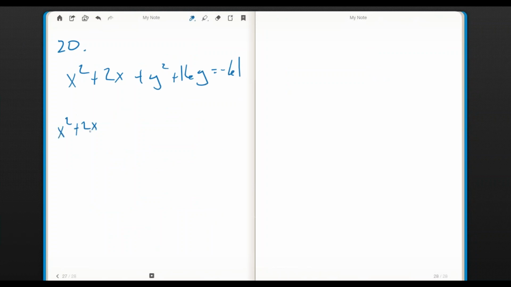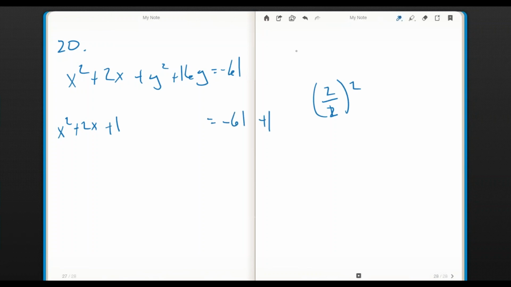Again, each time I'm going to take half of that value and square it and add that to both sides. You have to keep your equation balanced. So I pulled this one out of the clear blue sky and added it there because that gives me x plus 1 squared.